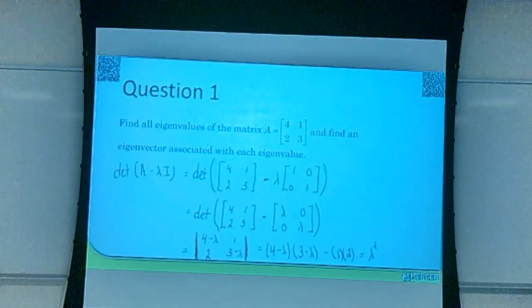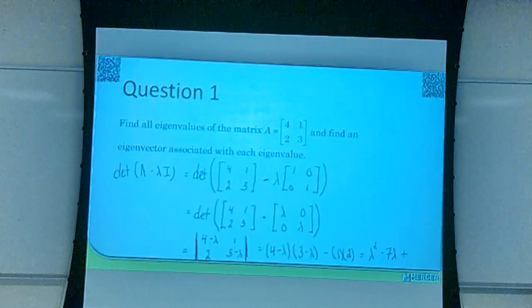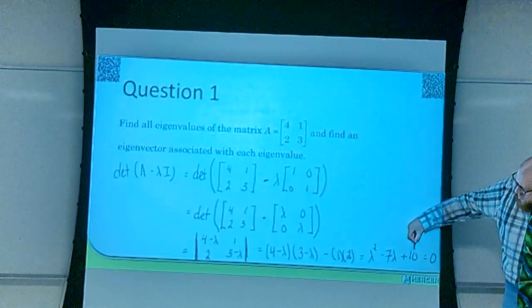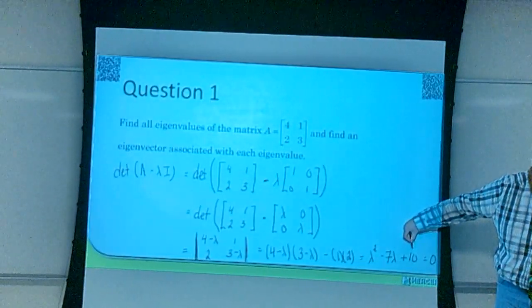Lambda squared minus 7 lambda, and then plus 10 total. It'd be plus 12 minus 2. And that whole thing has to equal 0. This here is called your characteristic polynomial.